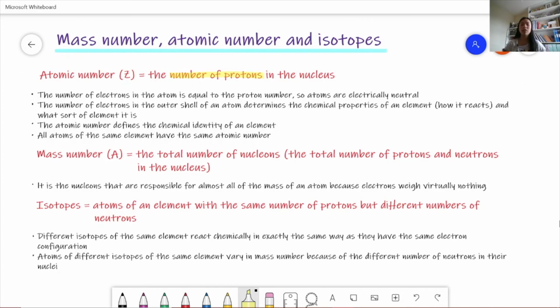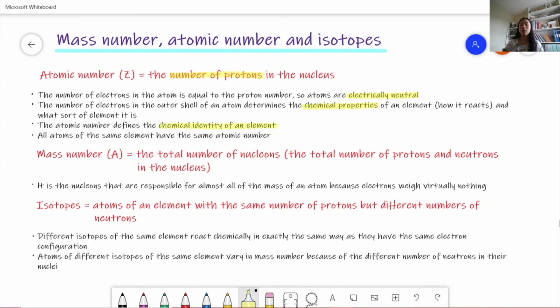And so atoms are electrically neutral because we have the same number of positive charges and negative charges. And the number of electrons in the outer shell of an atom determines the chemical properties of an element and also what sort of element it is. And the atomic number defines the chemical identity of an element.